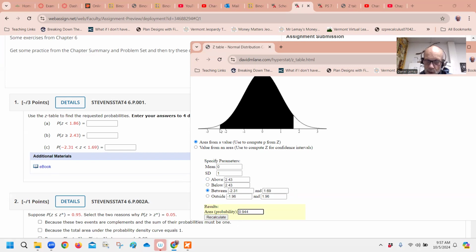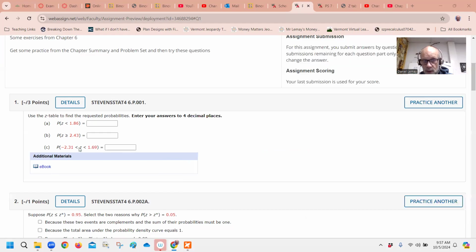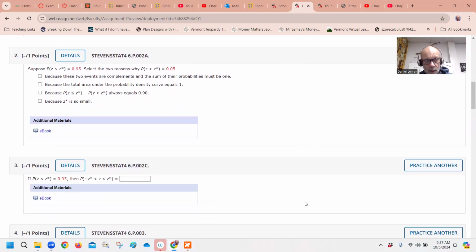And you see how it's in between those two z-scores, and that's what they're looking for. Usually in this calculator, you don't have to click recalculate. Sometimes you do. You do have to make sure that you clicked on the right option here. Yeah, we know this is between because z is in between two numbers. Okay, so I won't bother with that one.